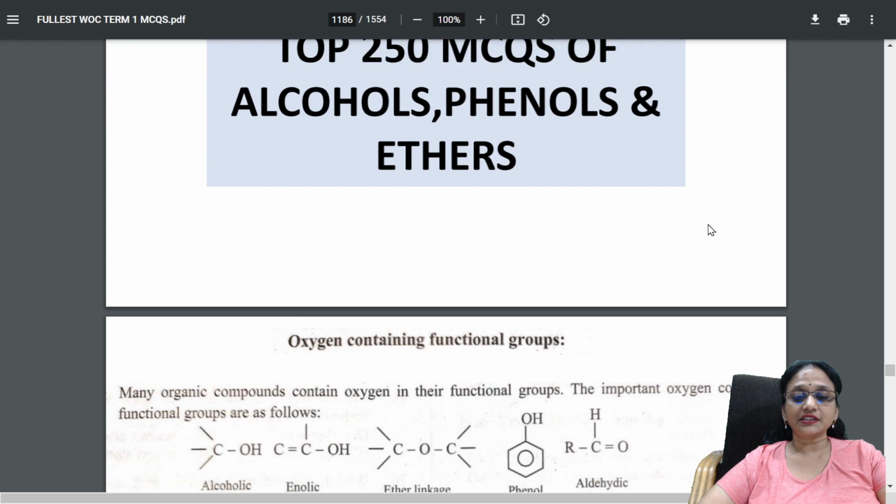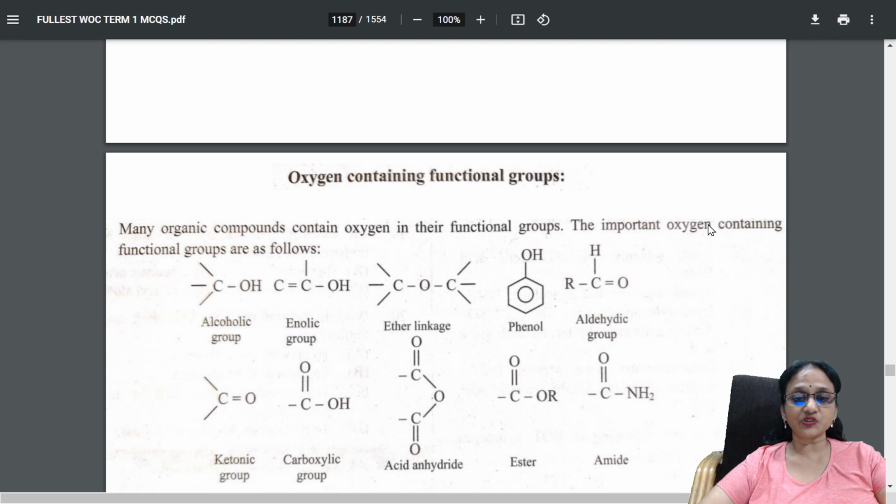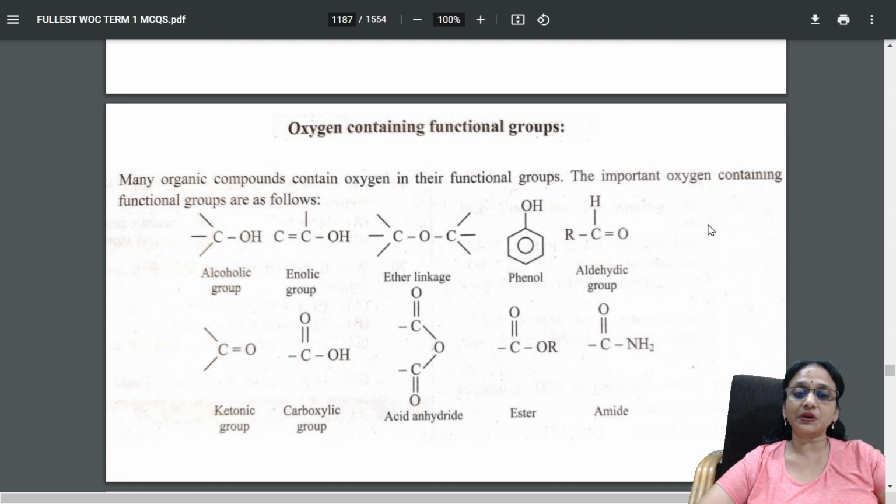All right, let's start. First of all, in alcohols, when I see the different compounds containing oxygen, here you have an alcoholic group, enolic group, ether linkage, a phenolic group, aldehyde group, ketonic group, carboxylic acid group, acid anhydride, ester, and amide. Correct? All right. So here we are going to learn about alcoholic group, ether group, and phenols.